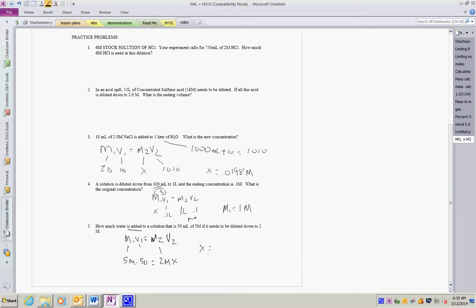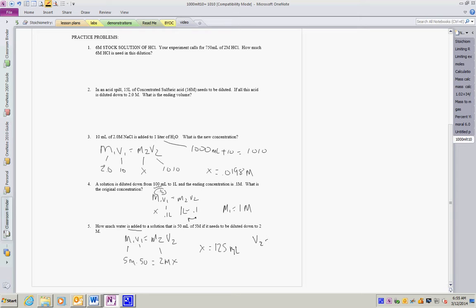And X equals 50 times 5, which is 250, divided by 2 equals 125. So my ending volume is going to be 125 milliliters. Are we in milliliters or are we in liters? We are in milliliters. Now, the question does ask how much water is added, so V2 is the total volume.